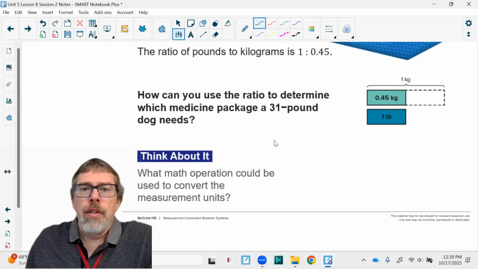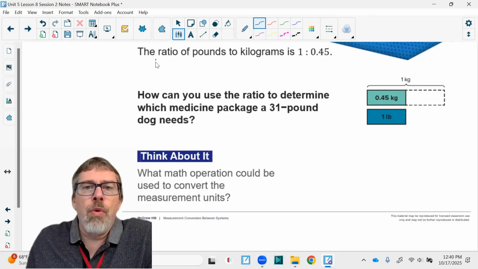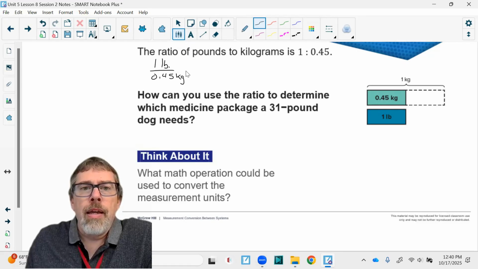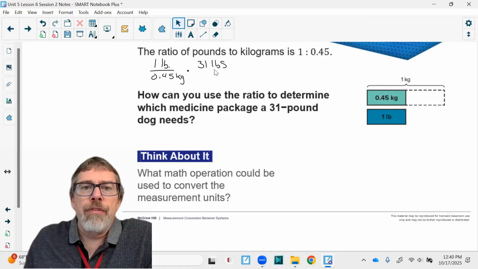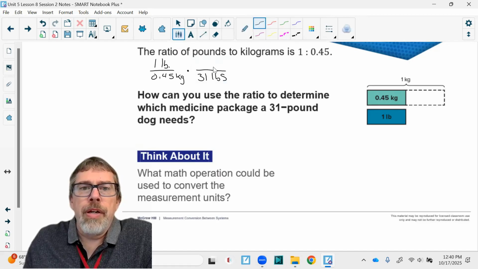So let's do that first before we go to that table. If we write this as 1 pound is 0.45 kilograms, and we have 31 pounds, what we have to do is move this to the denominator and put an X up here.